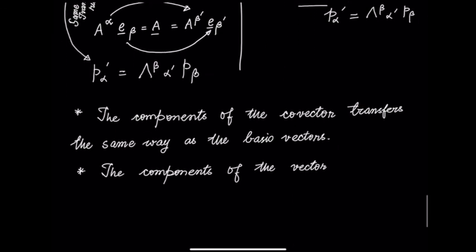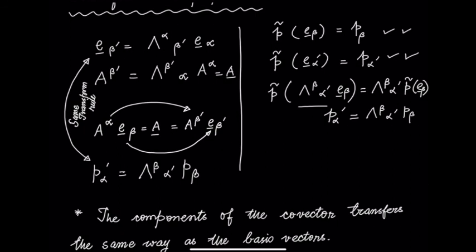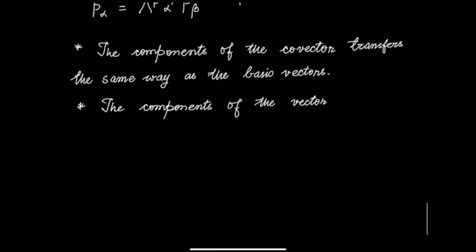On the other hand, if I look at the components of vectors like A, they transform with the inverse matrix of that of the basis vector, which we saw last time also.